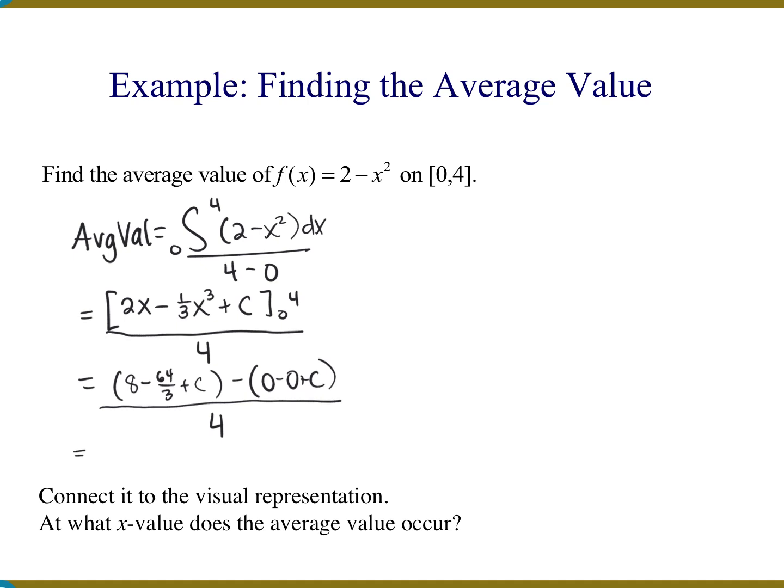Which 8 minus 64 thirds is 24 thirds minus 64 thirds all over 4.